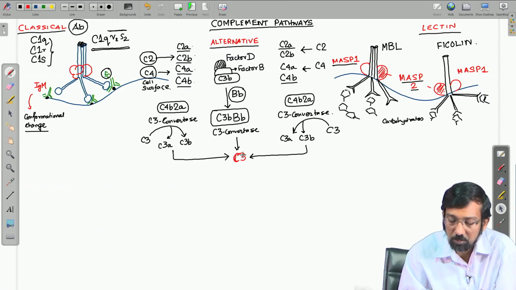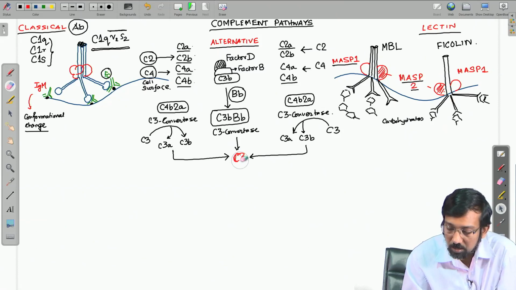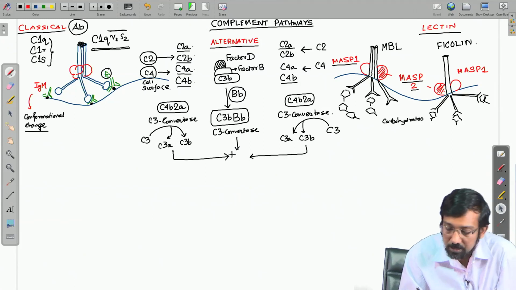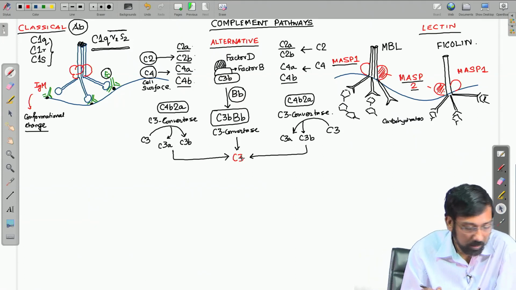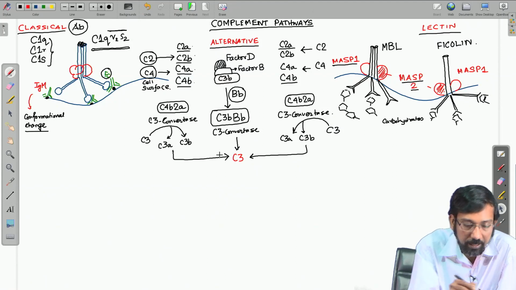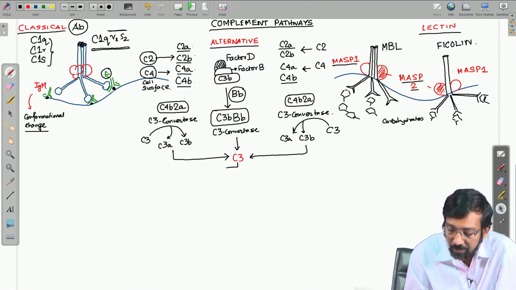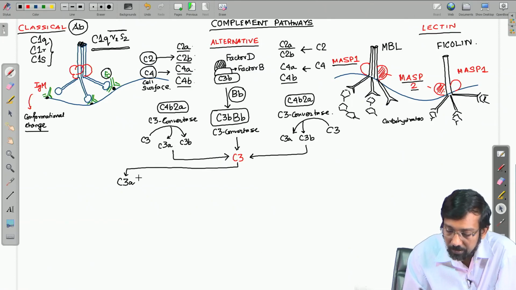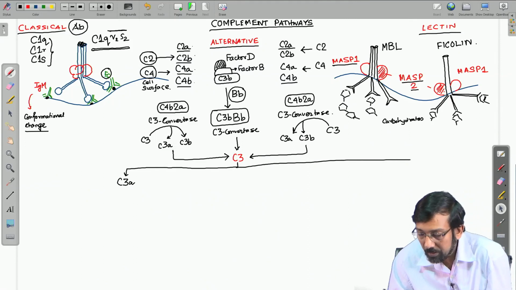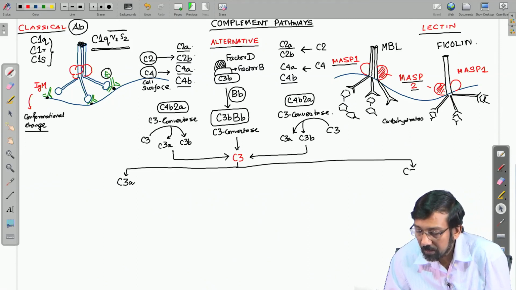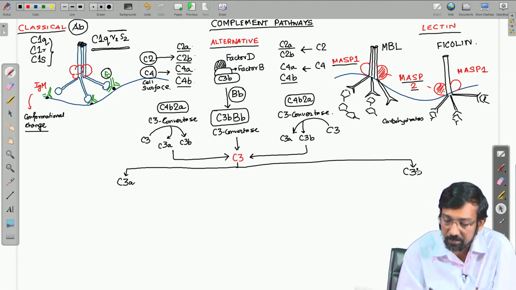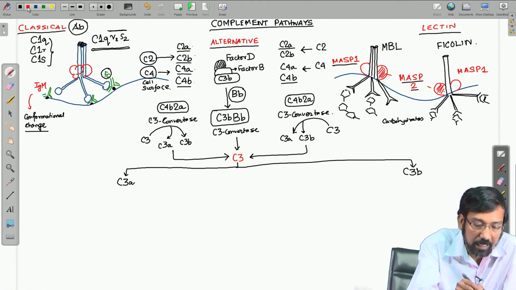Their central role is to break down this C3, and they break it down to C3a and C3b. Now, this C3b can work in two ways.